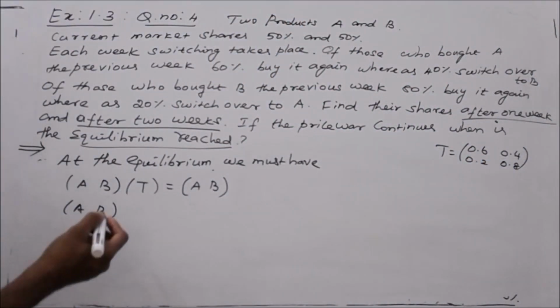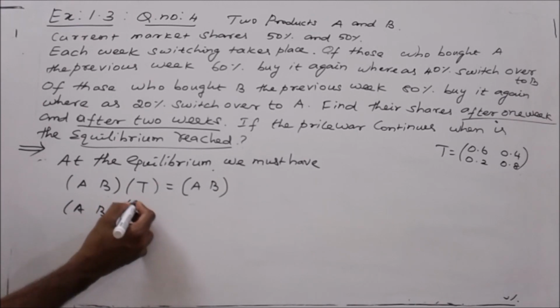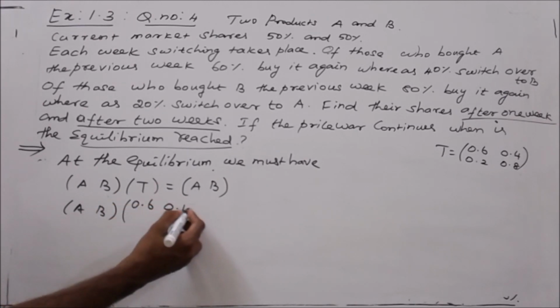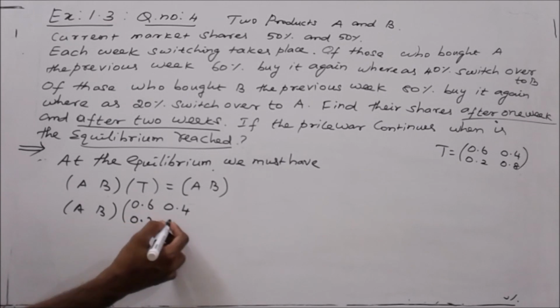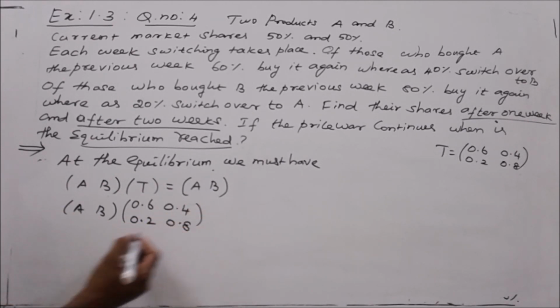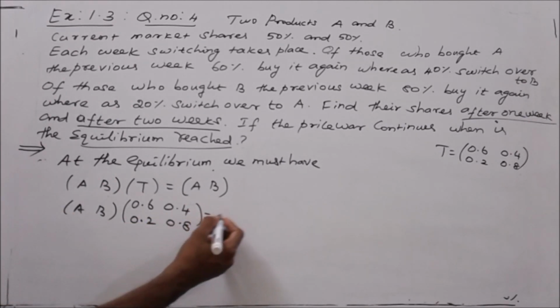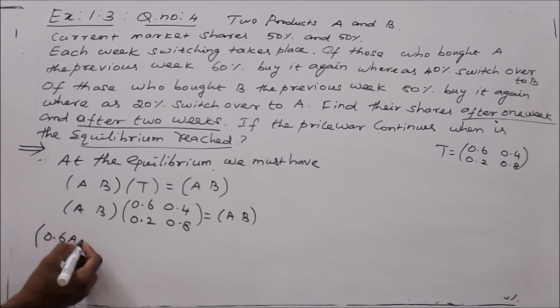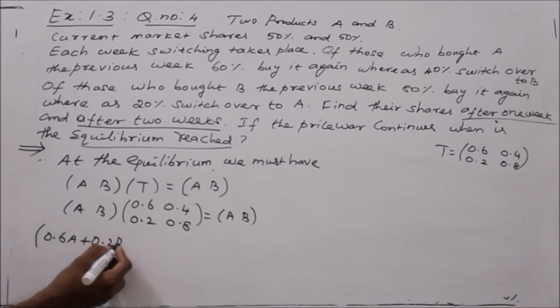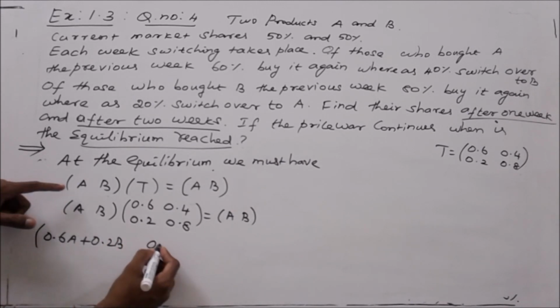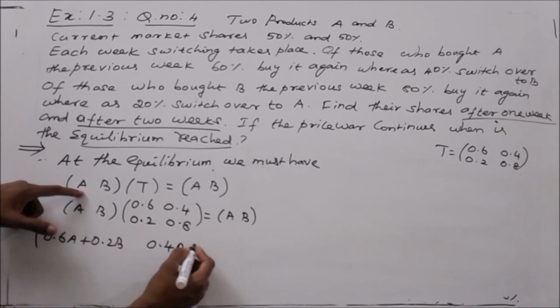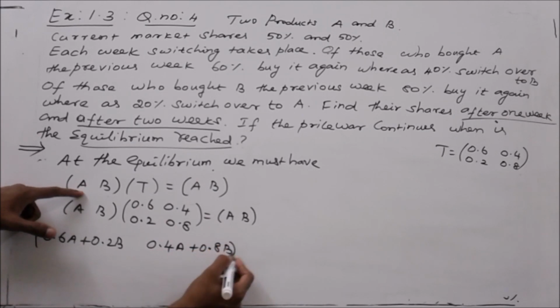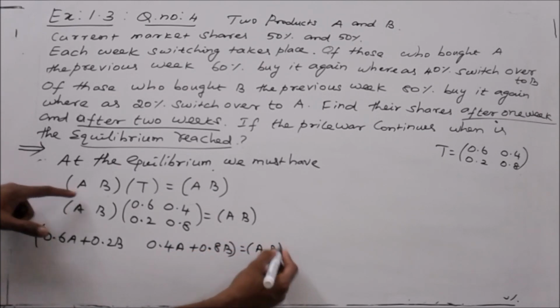Now multiply AB with 0.6, 0.4, 0.2, 0.8, that will be equal to AB. Now multiplying this, we have 0.6A plus 0.2B and 0.4A plus 0.8B equal to AB.